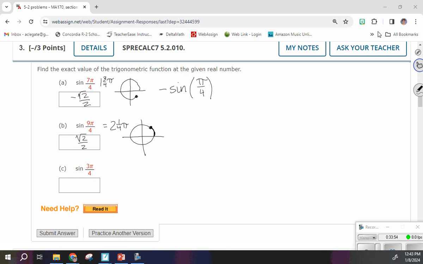All of these are root 2 over 2 because they end in a 4. It's just a matter of whether it's positive or negative. Now, 3 pi over 4. What quadrant is that in? Second. So we're going to get to about right there. First of all, is sine positive or negative? Positive. So this is sine of pi over 4. Positive. So again, root 2 over 2.